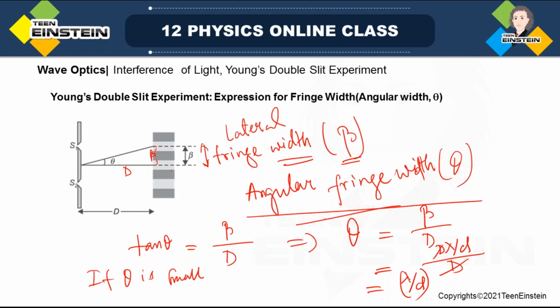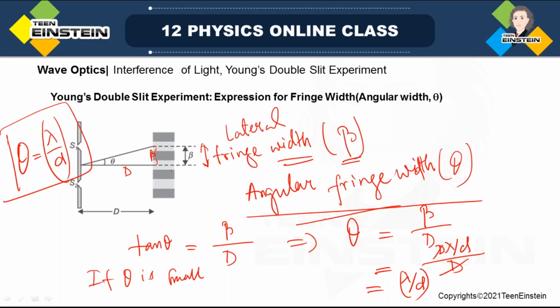That means the angular fringe width theta depends on lambda by d, where lambda is the wavelength of the light used and d is the slit separation. So this is the expression for angular width.